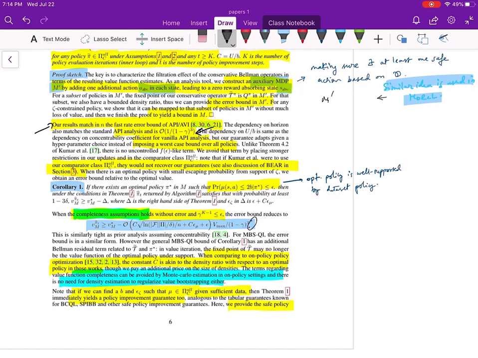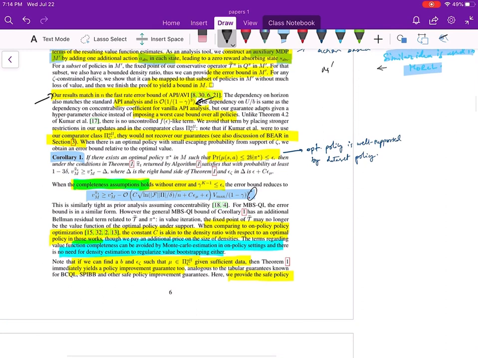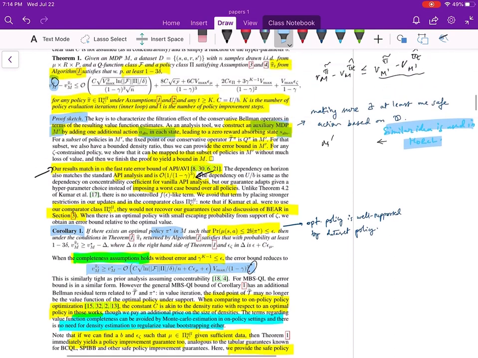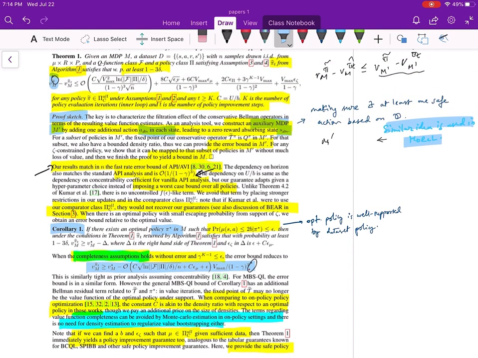So yeah, let's go ahead. Just to quickly show you, the assumption in corollary one is that your optimal policy pi star should be one of your pi tilde, which is in this policy space.